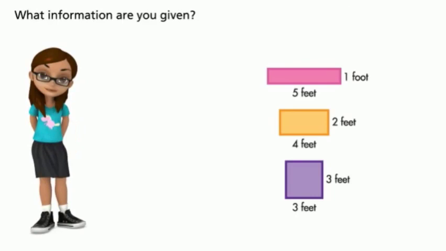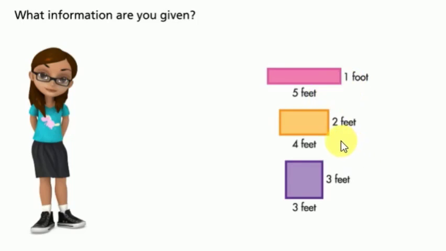Okay, so just try to recall what did we learn about finding the area. How we were supposed to find area of different shapes. Excellent, by multiplying the sides given to us. So let's have a look on this pink rectangle. So quickly tell me, what is the area of this pink rectangle? Excellent, it's 5.